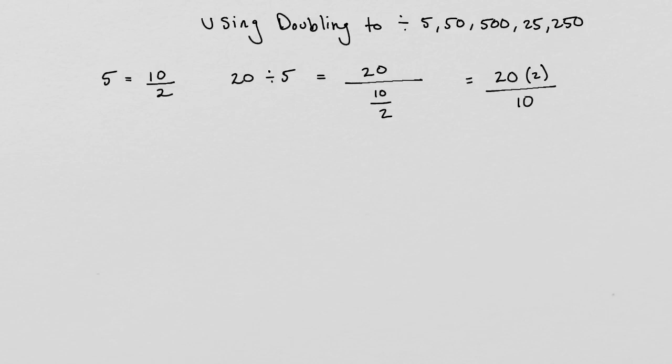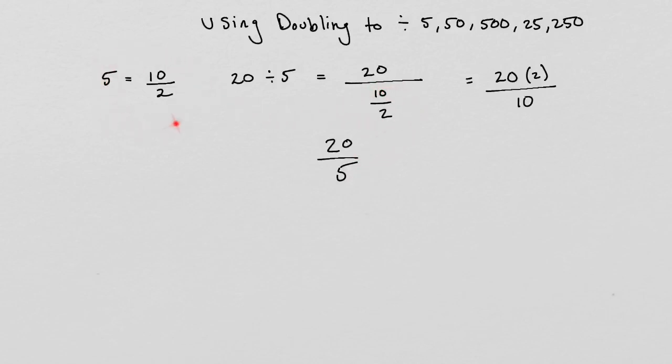Okay, I'd have you guys keep in mind that 5 equals 10 over 2. That's obvious, right? 10 divided by 2, that gives you 5. So let's say I have 20 and I want to divide by 5. Instead of writing normally, 20 divided by 5, I just replaced this 5 with its equivalent, 10 over 2.